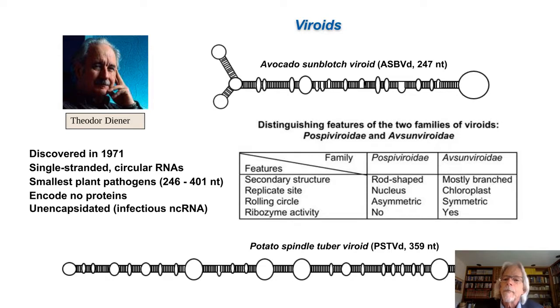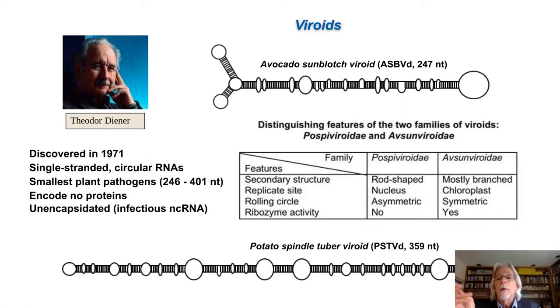Now, viroids are placed in two families, depending on their structure and functional characteristics. Avocado sunblotch viroid is the type member of the Avsunviroidae. These are mostly branched structures, and they replicate in the chloroplast of infected plant cells, and they have intrinsic ribozyme activity embedded within the RNA.